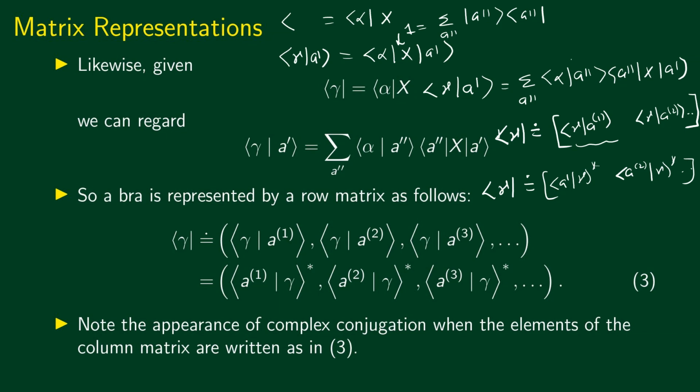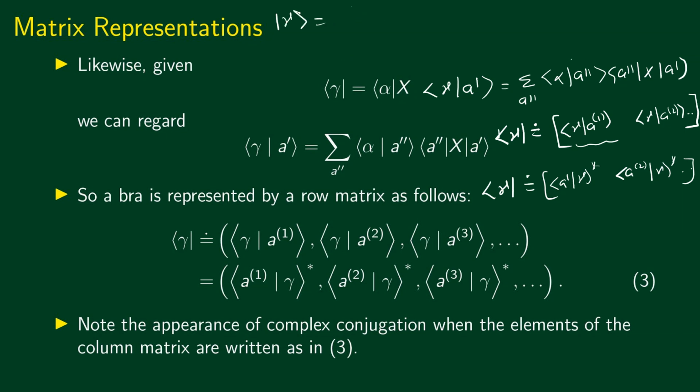All right. Now there's something else we can observe here. We said that ket gamma is represented by a column matrix with elements bra a1 ket gamma, bra a2 ket gamma, etc. And bra gamma is represented by a row matrix.